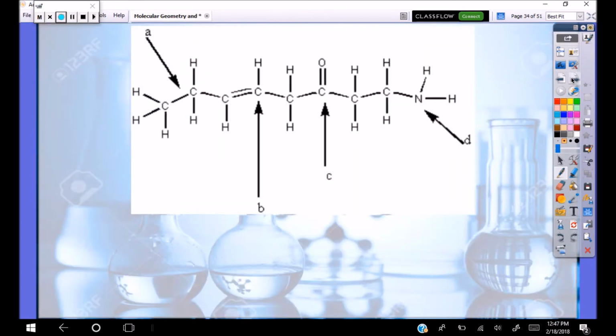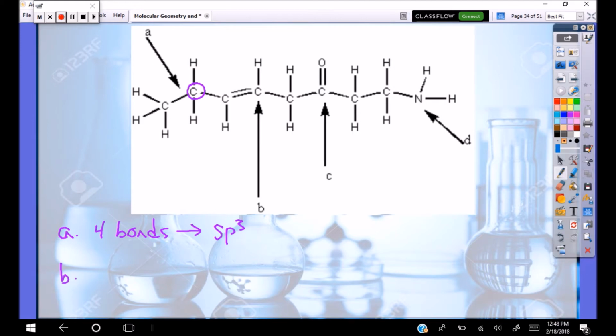So let's get some practice. Let's identify the hybridization of each of these carbons and then the one nitrogen. For A, what is the hybridization of this carbon? All right, well, it has 4 bonds, which means it's tetrahedral geometry, which means it should have sp3.